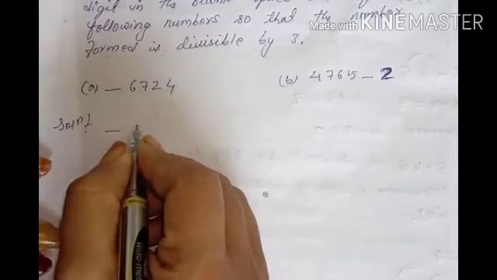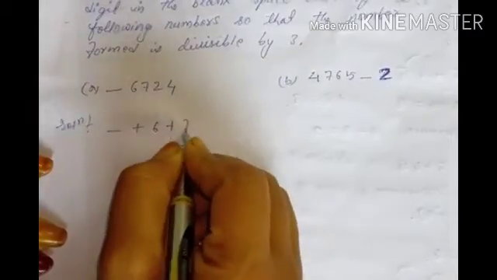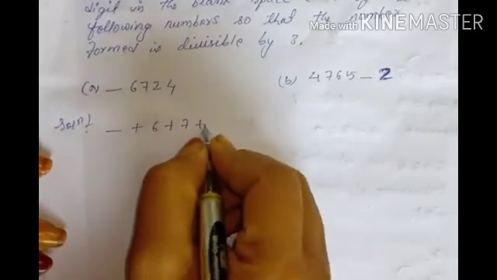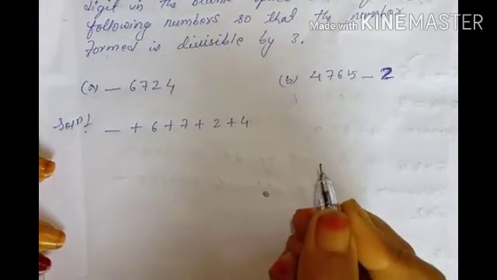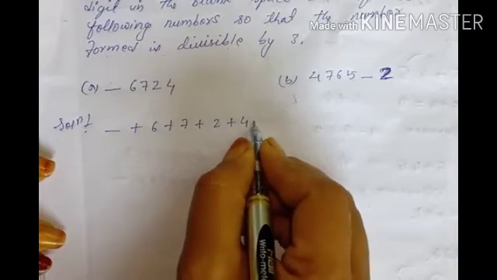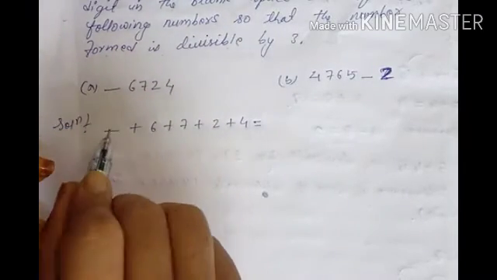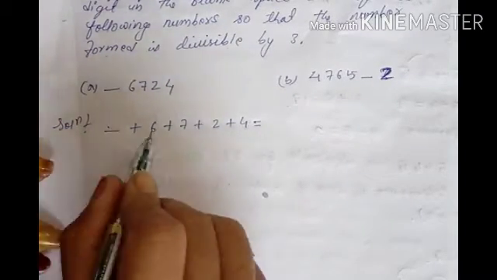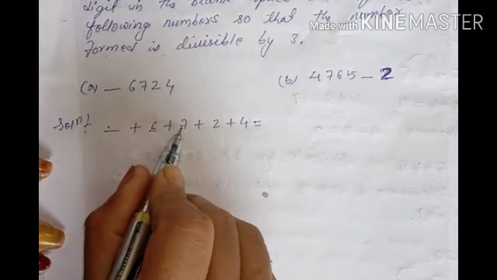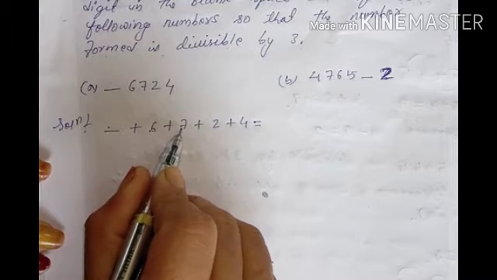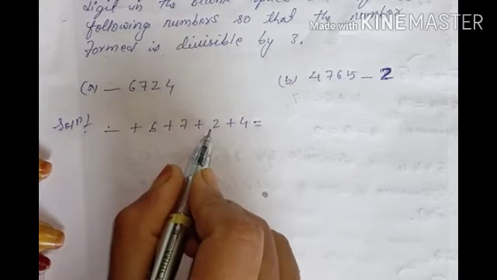So the first digit we don't know, plus 6 plus 7, plus 2 plus 4. Leave the unknown digit for now. Now 6 plus 7 is 13. 13 plus 2 is 15.